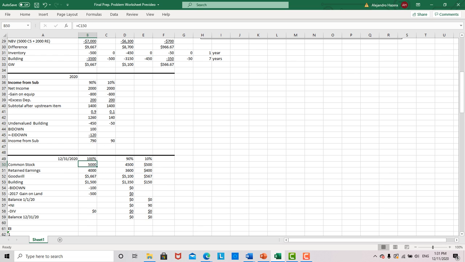But the beginning inventory is a downstream item, so that will wholly affect just the 90% column, and the gain on the land was a downstream item. The reason we're taking it out is because it hasn't been sold to a third party at the beginning of this year. The inventory affects your income because that was income for this year that was misstated, but the income on the land was misstated back in 2017.